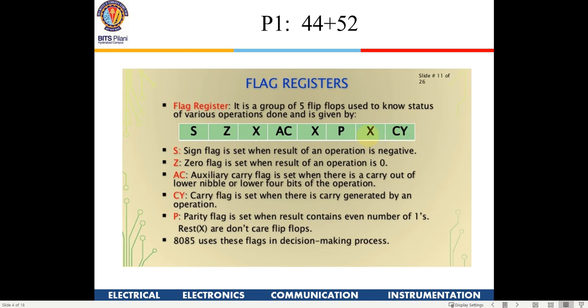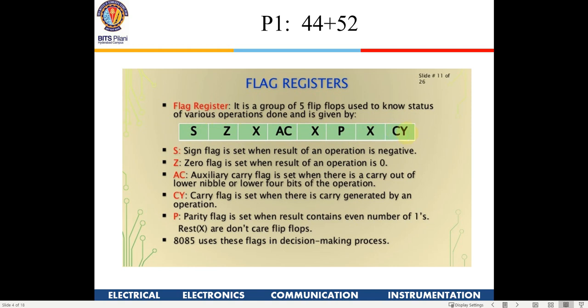Soon after every arithmetic operation, the status in this register will be updated. It is an 8-bit register in the case of 8085. In the case of 8086 it will be a 16-bit register, which we will study in the theory classes.